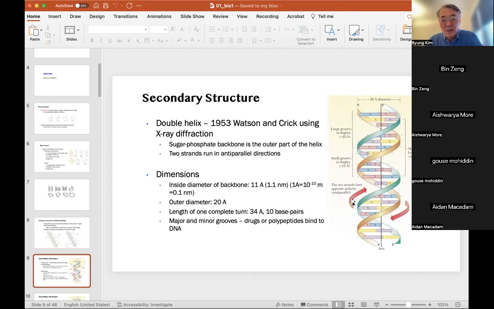Each base has a slightly different shape, the double ring and the single ring and so forth, but each base can be averaged out to a little over 3 angstrom in size.